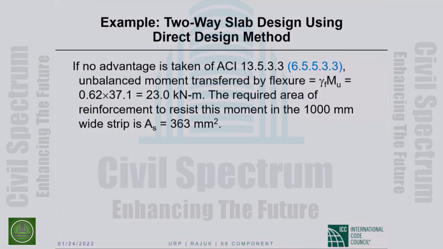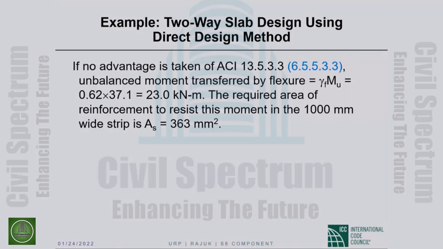We can increase the 62% to 100%, entire unbalanced moment taken by flexure, if, remember, V sub u at an edge column is less than 75% of what concrete can carry, phi times V sub c.